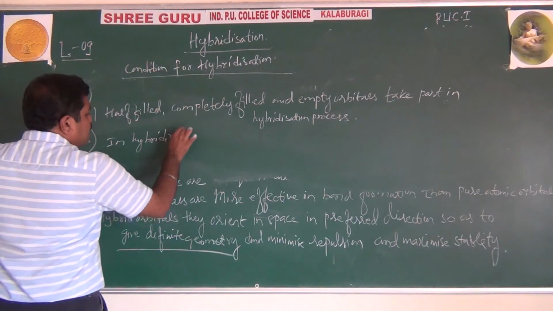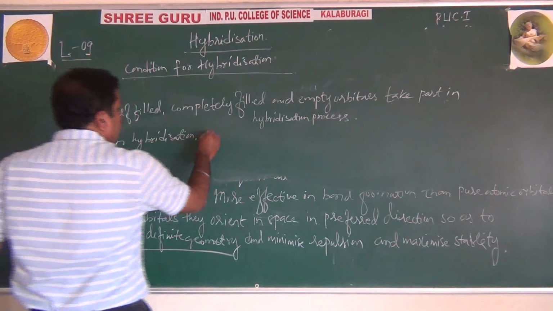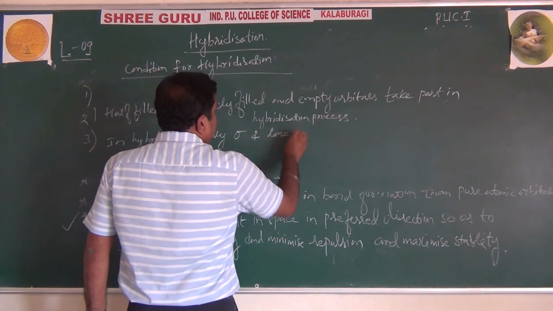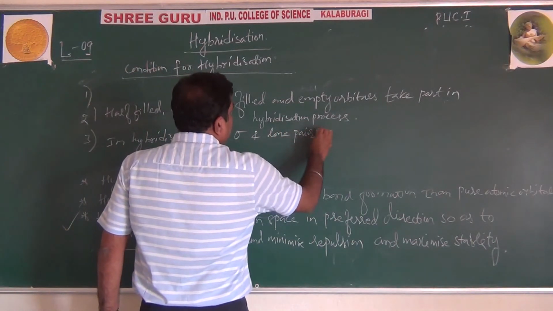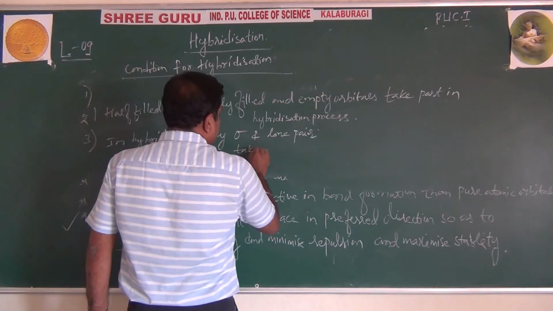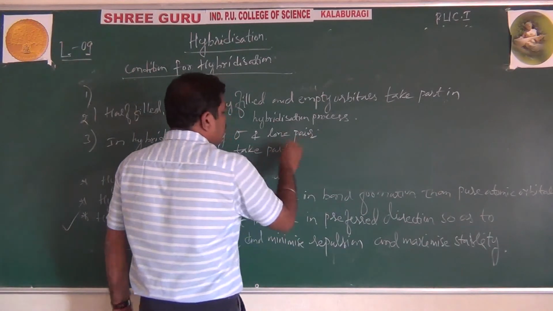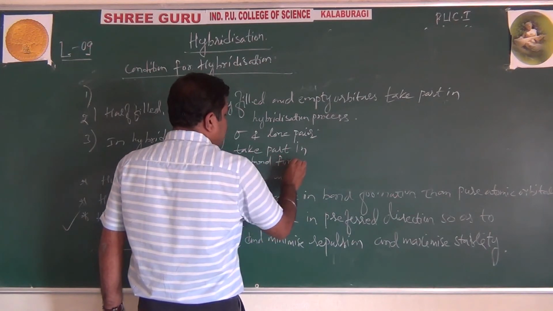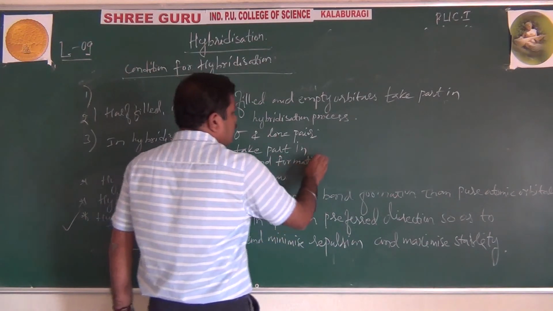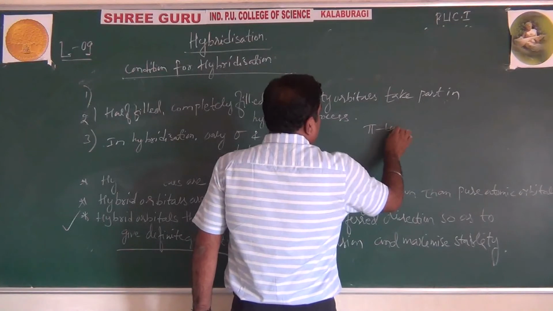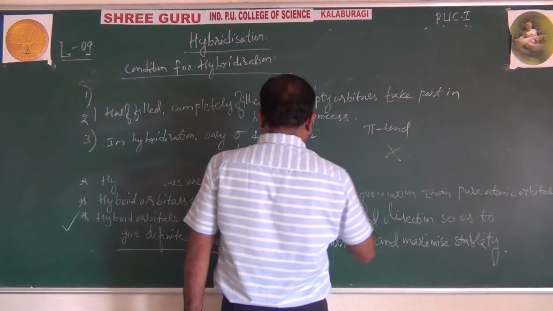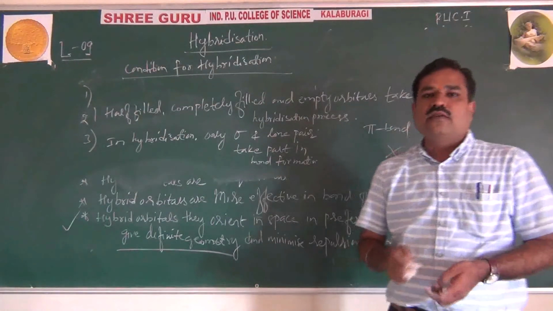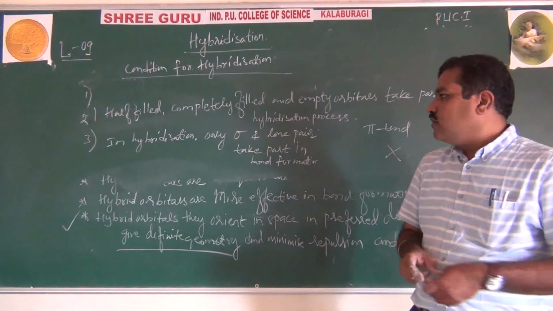In hybridization only sigma and the lone pair take part in bond formation. Then what about pi, sir? Pi bond will not take part in bond formation. Remember, very important point to be noted. That's why always sigma bond is stronger than pi bond.